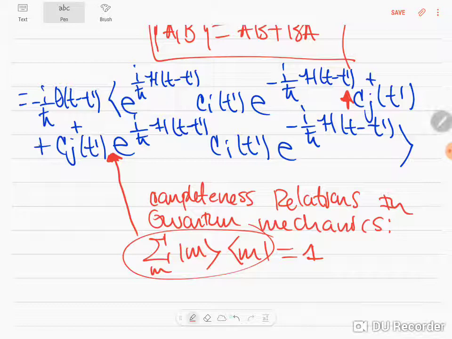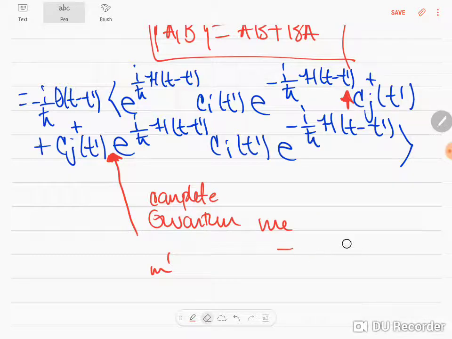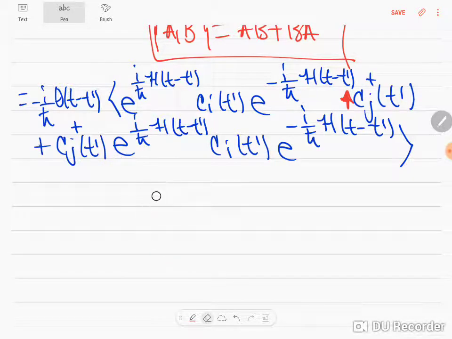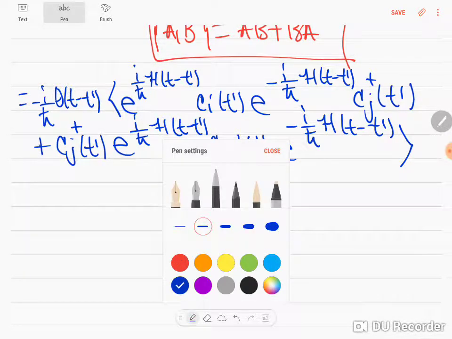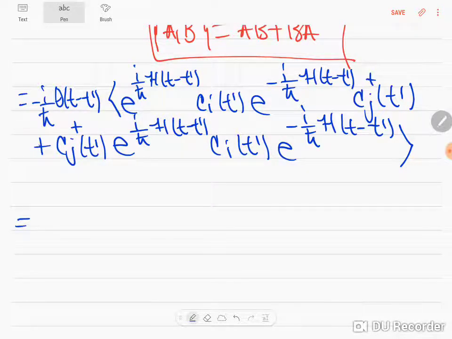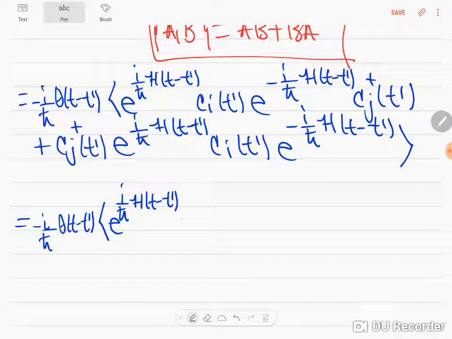So let me erase this to not create a mess, and we're going to do it in blue again. So this is equal to minus i over h bar theta of t minus t prime, expectation value of e to the i over h bar Hamiltonian t minus t prime, c_i of t prime, times e to the minus i over h bar H times t minus t prime.